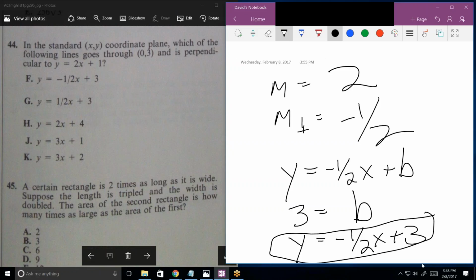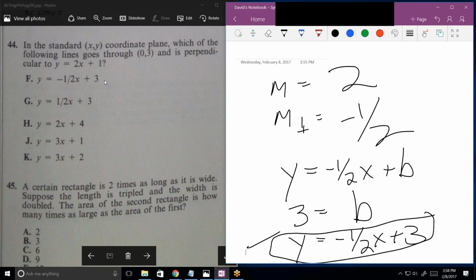All you have to know is that the slope is the negative reciprocal. And since they did you a big favor by putting the only answer that has negative 1/2 as the slope, you're done with the problem the moment you figure out that the slope has to be negative 1/2.